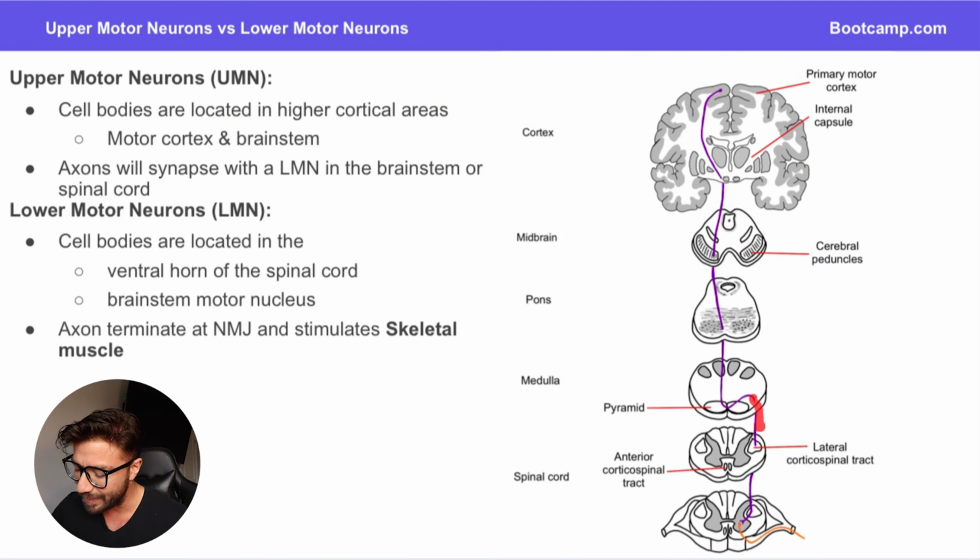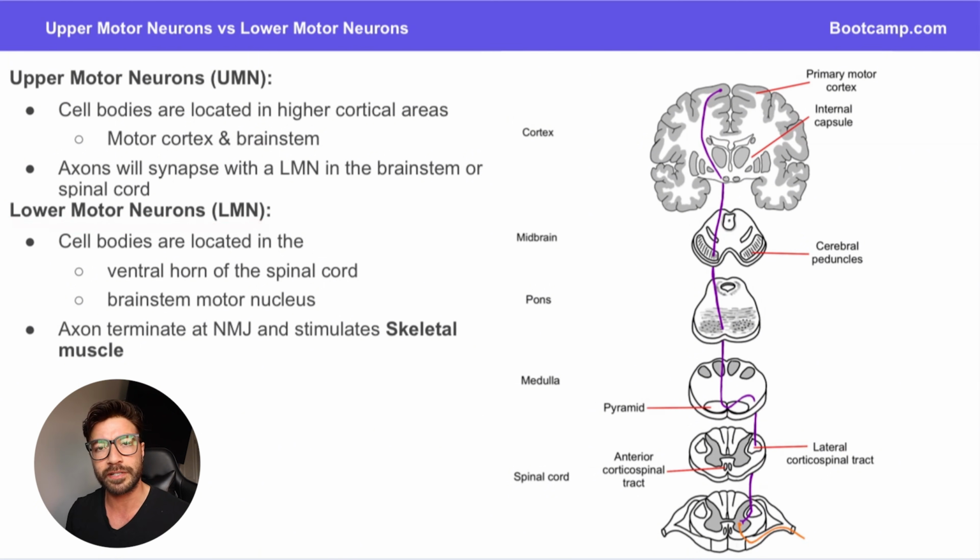Then it's going to continue to descend down the specific spinal tract for that type of movement. And it's going to synapse in the ventral horn of the spinal cord at a specific level for the muscle that it's going to try to control. And where it synapses is it synapses on these lower motor neurons.